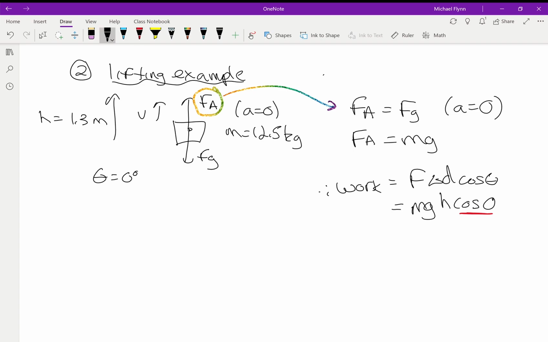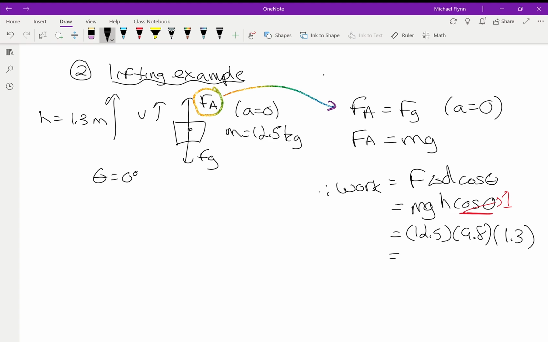Okay, so anyway, I'm going to write this. This is just equal to 1. And so therefore, I'm not really canceling it, I'm just replacing it with 1. Therefore, this is equal to mass, 12.5 kilograms, times gravity, 9.8, and then times h, 1.3.